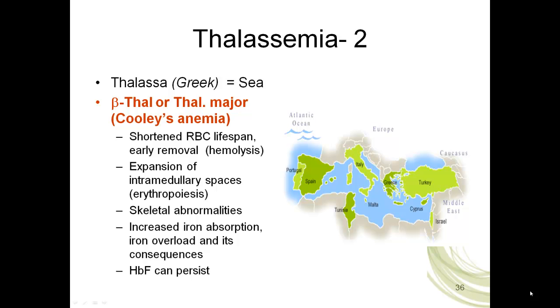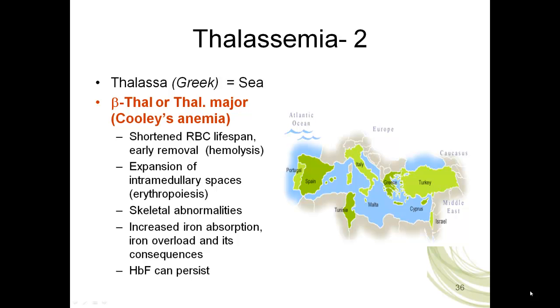And sometimes with this type of anemia, the Cooley's anemia, we can actually see the presence of fetal hemoglobin. And although that has a higher affinity than adult hemoglobin, it actually is still kind of a neat thing to see persist in the patient, because again, that would be the alpha 2 and gamma 2 type of hemoglobin.